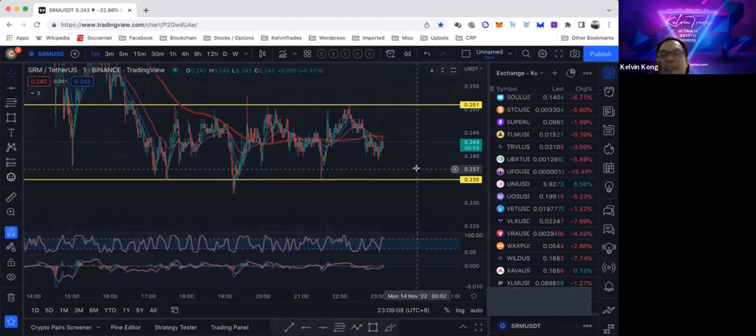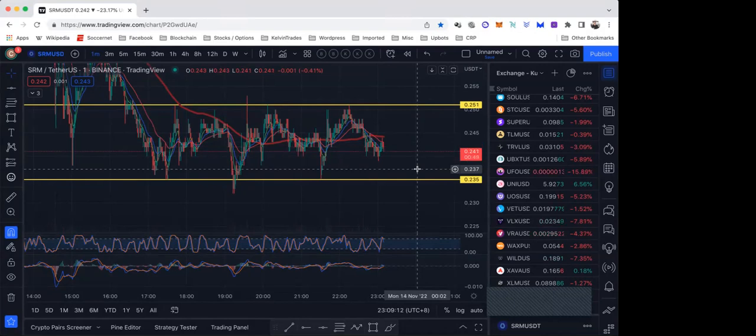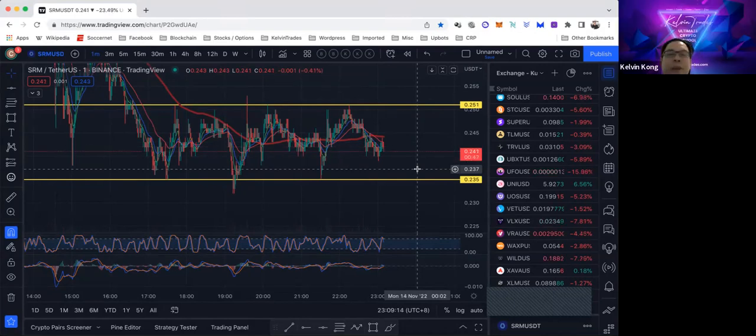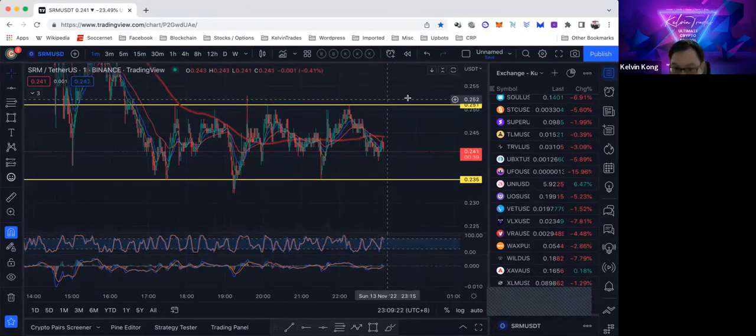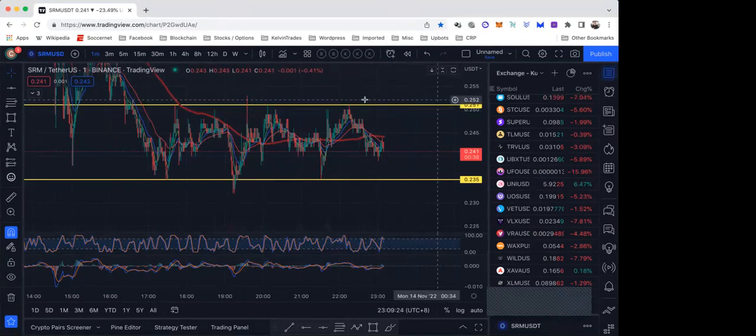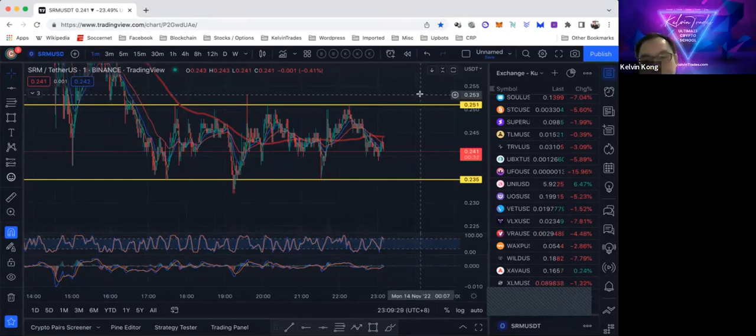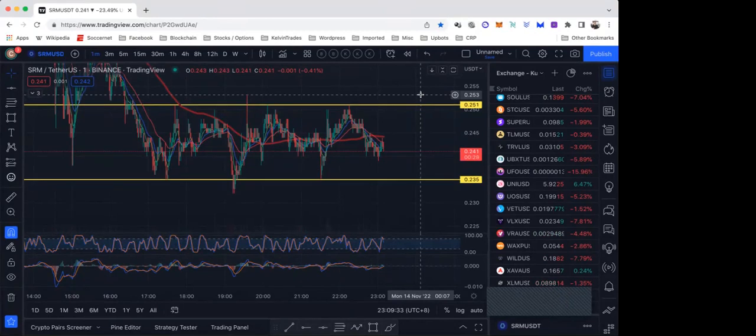Huh? Sorry, I mixed up. Exit. Limit order. Buy stop order yeah, for trading breakouts. What is buy stop order for already? Buy stop order is for trading breakouts. Okay. And also used as a stop loss for shorting. Okay.